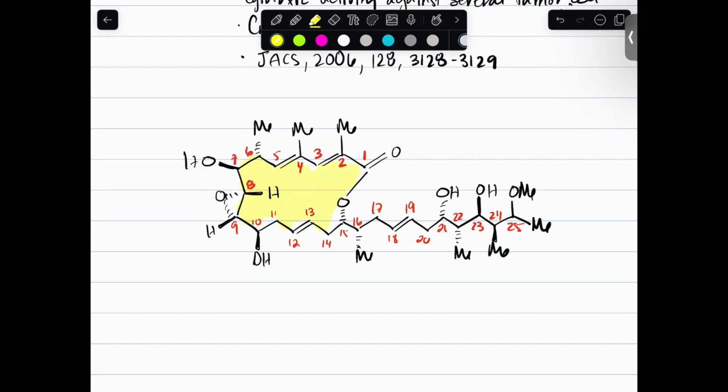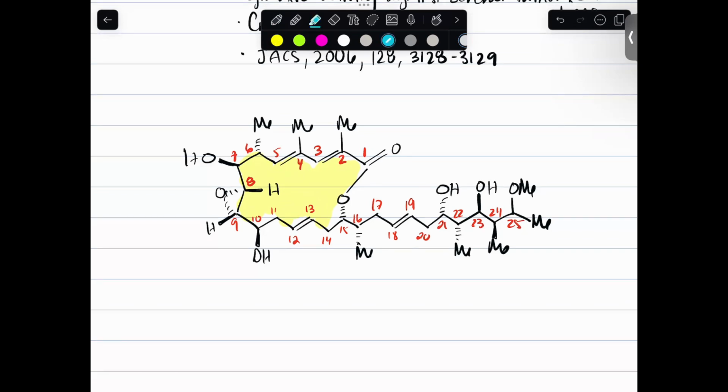There's an oxygen joining carbons 15 and carbon 1. And this is a macrolide. And I'll try to highlight this in a different color. You can see where Michael Crimmins uses his methodology. Some of it seems pretty obvious, some of it not so obvious.